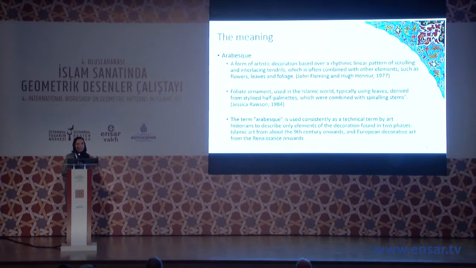What is the meaning of Arabesque? Arabesque, which is known worldwide, is a form of artistic decoration based on a rhythmic linear pattern. These patterns are scrolling and interlacing like tendrils, and are many times combined with other elements such as flowers, leaves, and foliage.